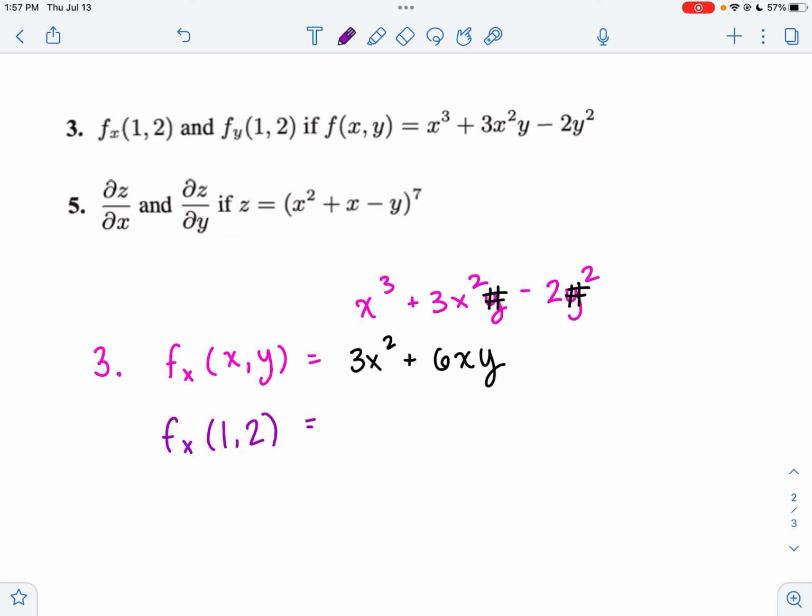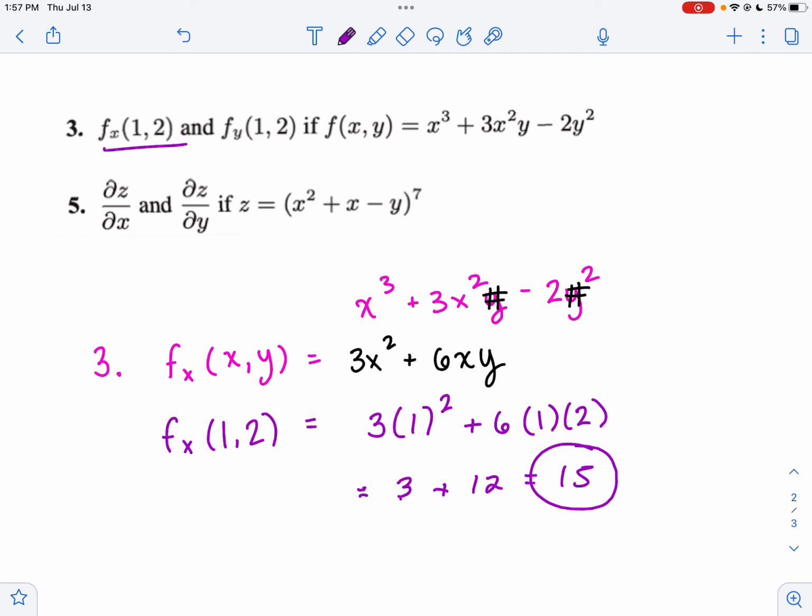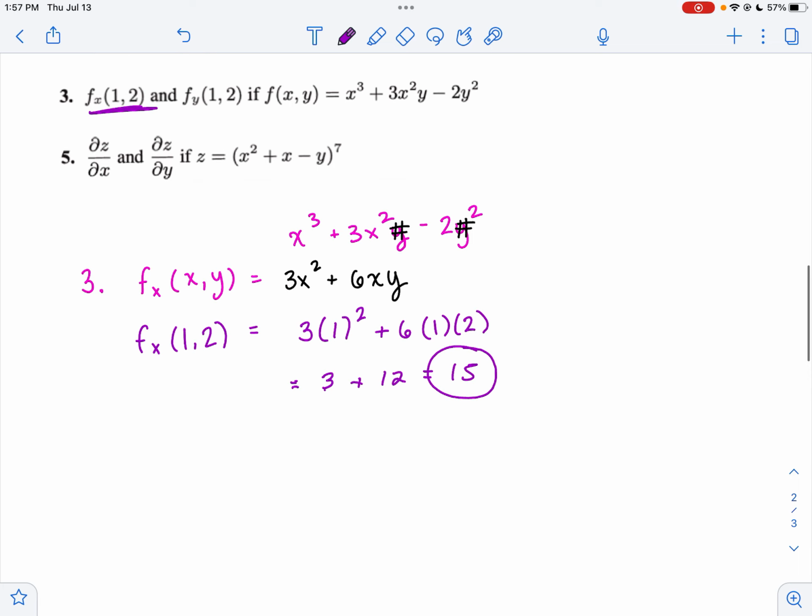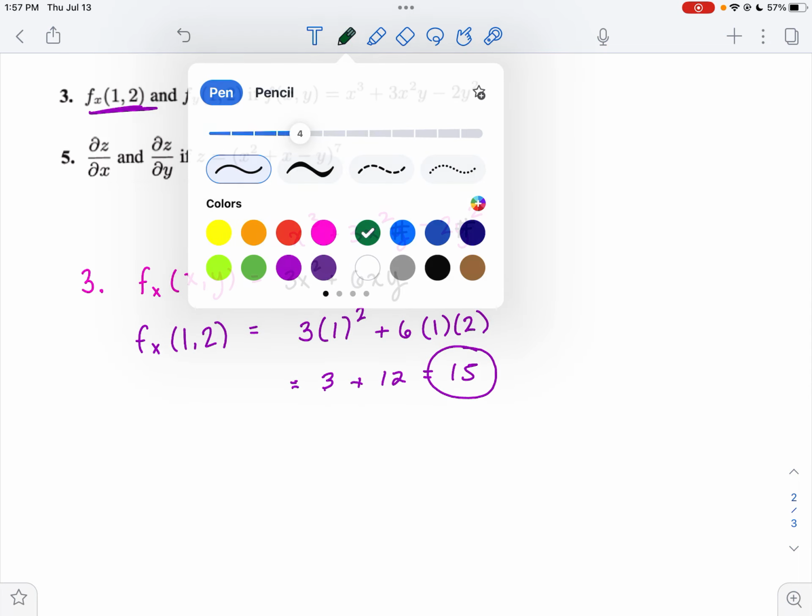So this would be a pretty basic case of just plugging in 3 times 1 squared plus 6 times 1 times 2. And what do we end up with? 3 plus 12, so 15. So that was evaluating our first partial derivative with respect to x.